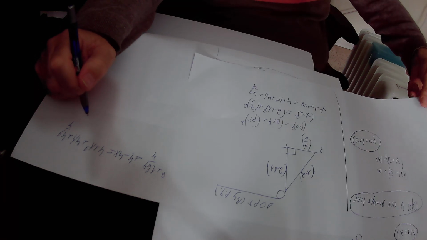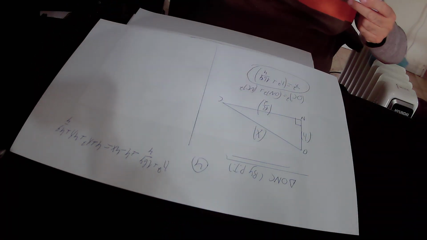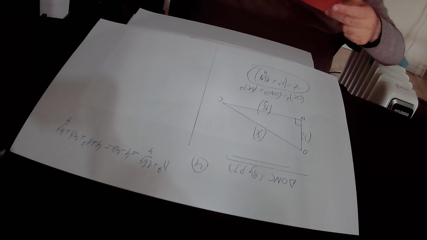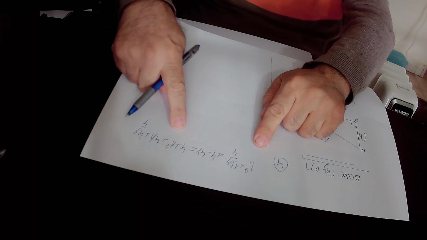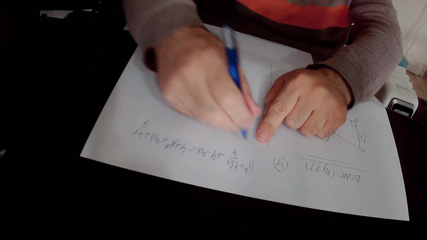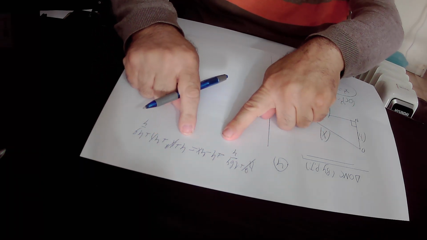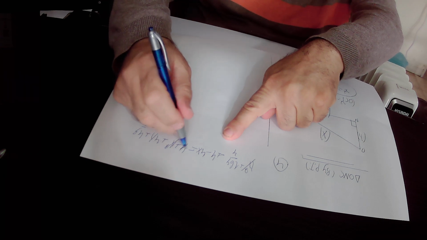Okay. So here we have h squared on both sides of the equation, so h squared will get cancelled. We have 4 on both sides of the equation, 4 also will get cancelled.